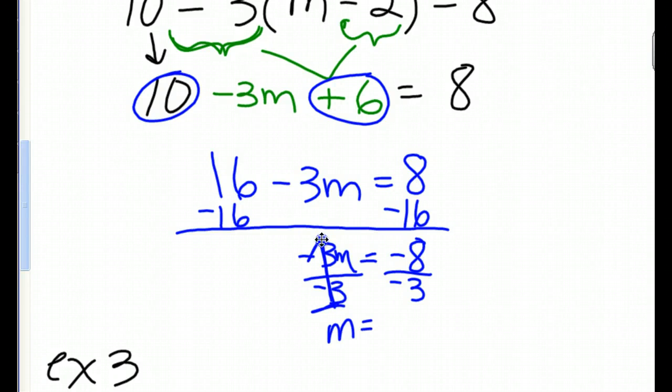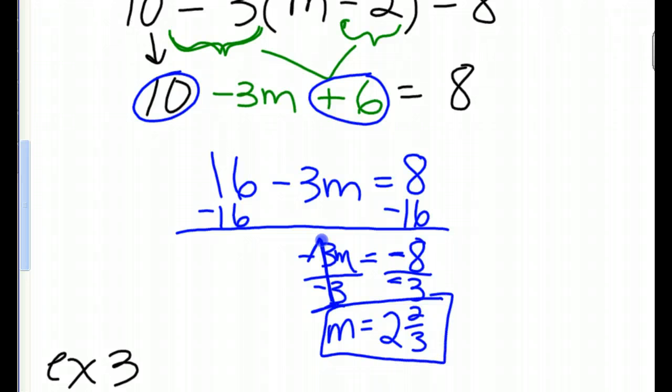Now you might be thinking 8 over 3. Well, that might be wrong because it's not a whole number, but it's okay. We can have it be a fraction. Now, since we have two negatives, we know our answer is going to be positive. 3 goes into 8 2 times, with 2 over 3 remaining. So the answer is m equals 2 2/3, positive.